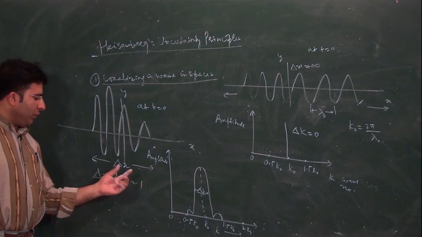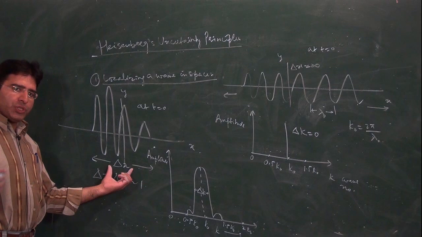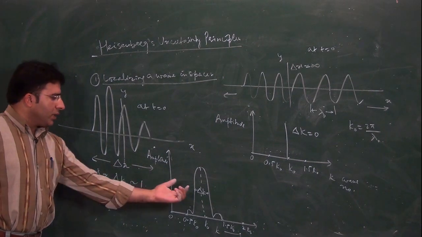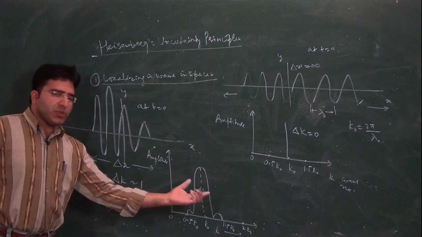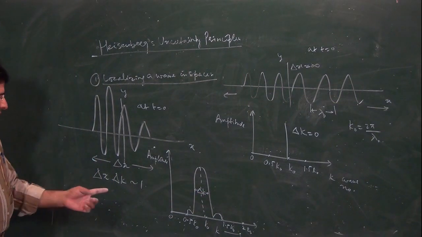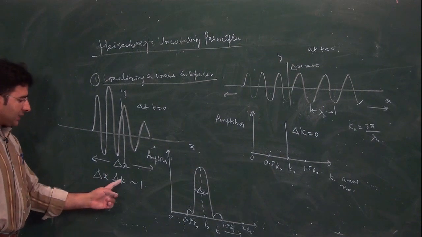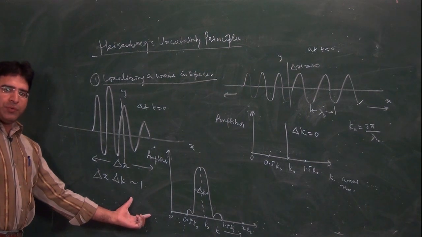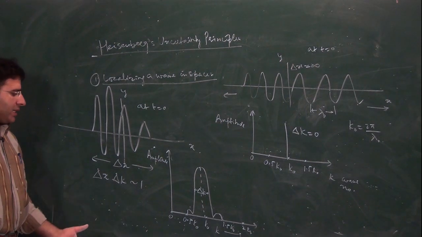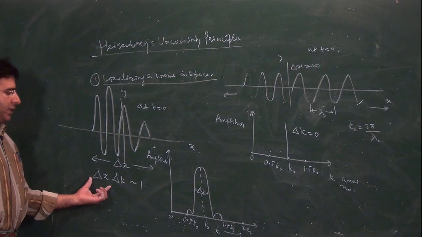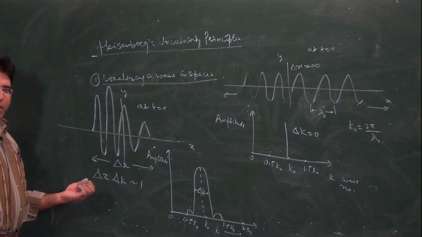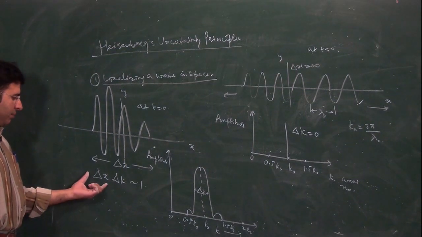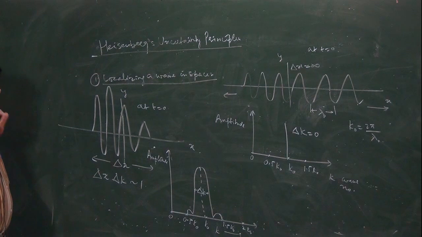If delta x approaches 0, delta k has to approach infinity. That means delta x is equal to 1 by delta k. If delta k approaches infinity, if you mix an infinite number of waves, it is possible to make the wave 100% localized, 100% like a particle, and make delta x 0. But it is the best possible situation.